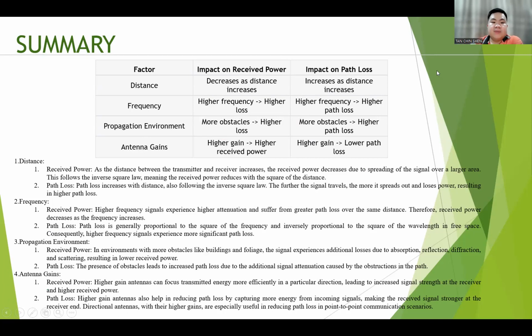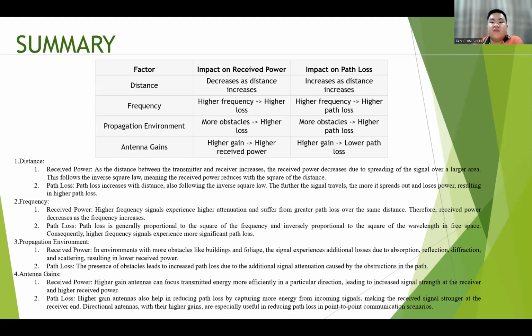Okay. Then for the frequency part, if the frequency is high, then the receive power will be low. It will be a high loss. Then for the path loss, if the frequency is high, it will have a higher path loss. Okay. So the third one, propagation environment. With more obstacles, there will be higher loss.